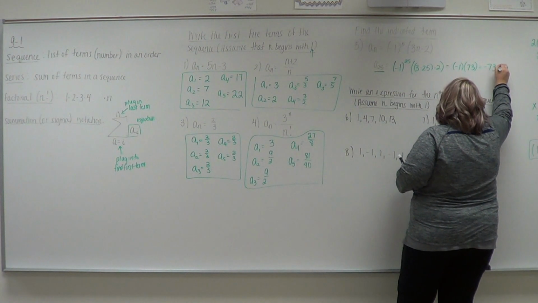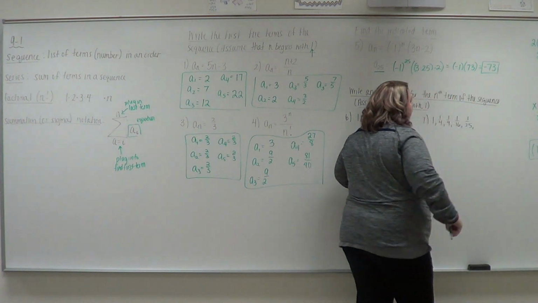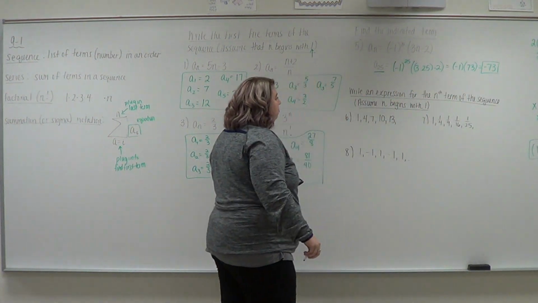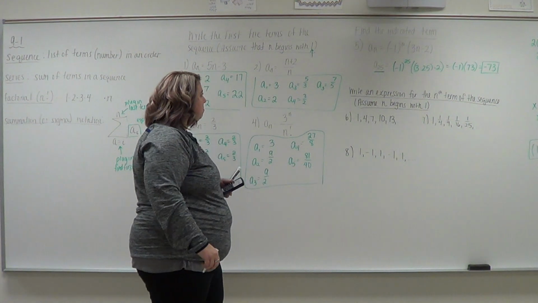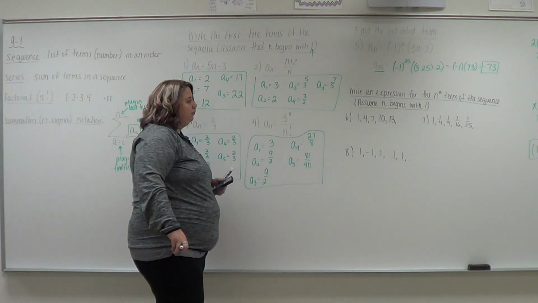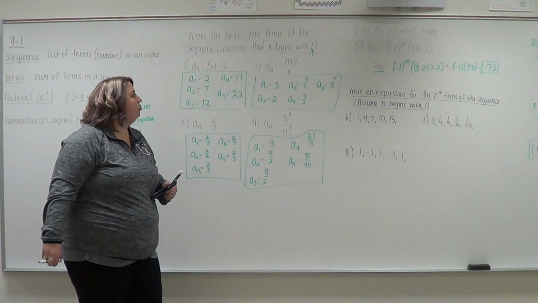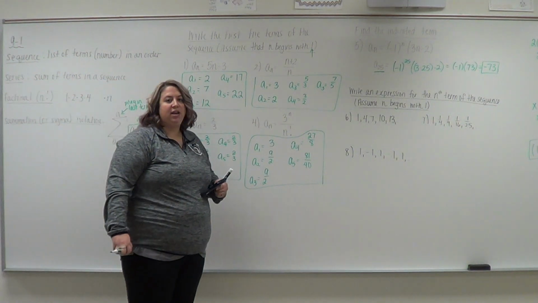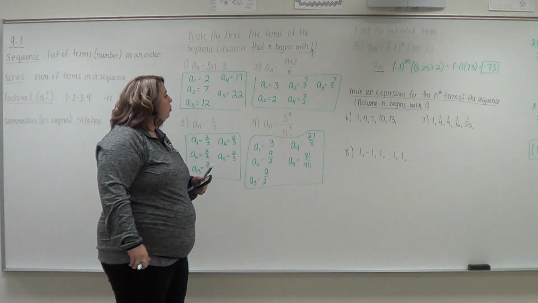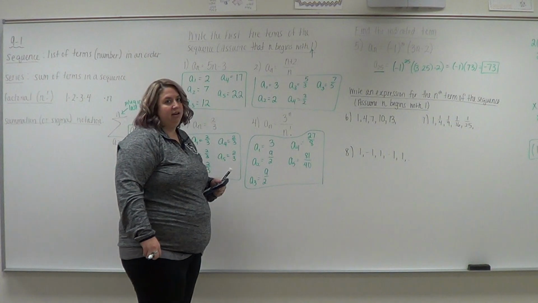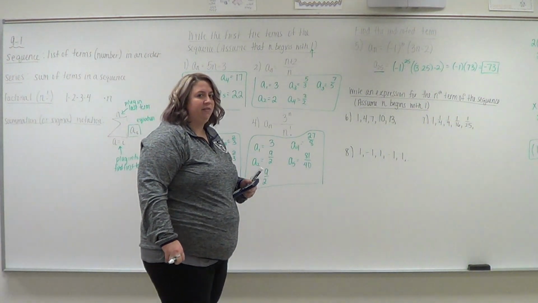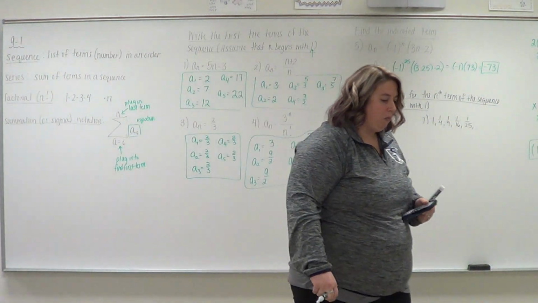So if I multiply those two together, I would have -73. All of those are just plugging in numbers, always plugging them in for the variable, which will almost always be n. Sometimes I use different ones, but most of the time it is n.